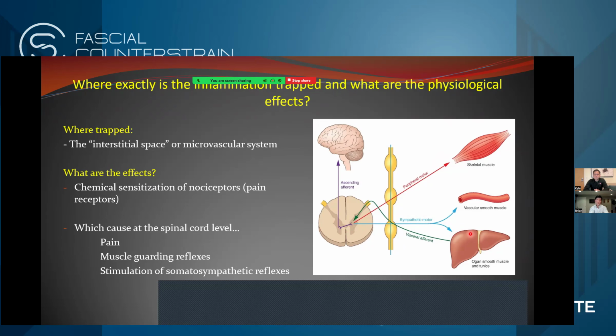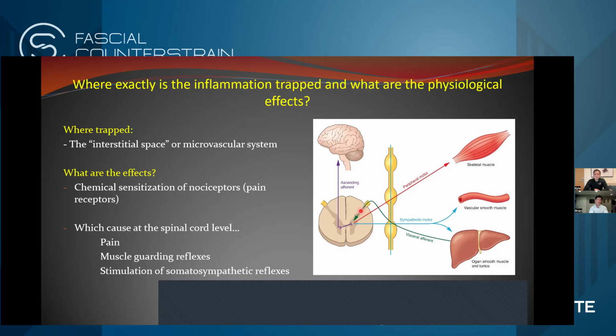They do have nociceptors. That's where the injury is, where the inflammation is. Those nociceptive signals go into the spinal cord and stimulate two main reflexes. The first thing it can do, of course, is cause pain, if that stimulus is greater than the pain blocking system that descends from the brainstem.